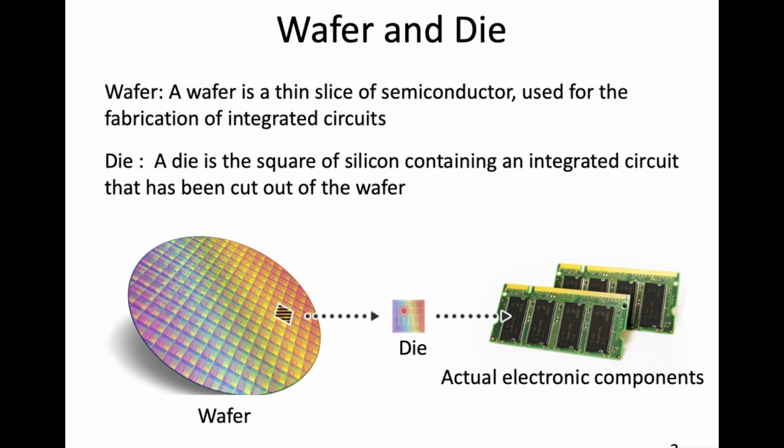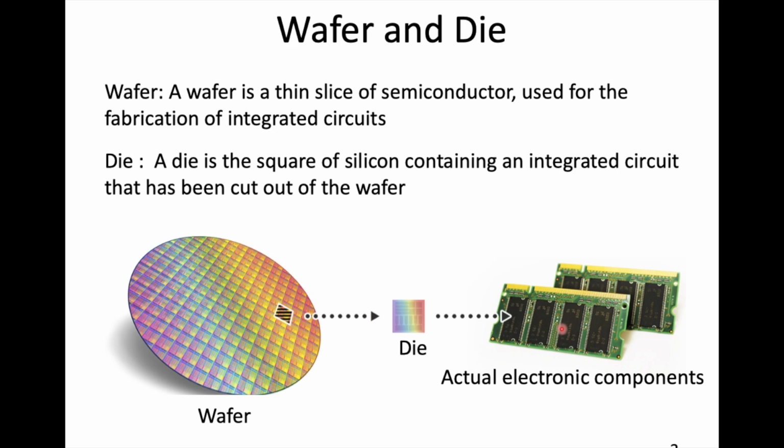Each die is an individual entity, a circuit integrated with the actual electronics components. So we can easily say that a wafer is a collection of dies, and each die is integrated into an actual circuit board.